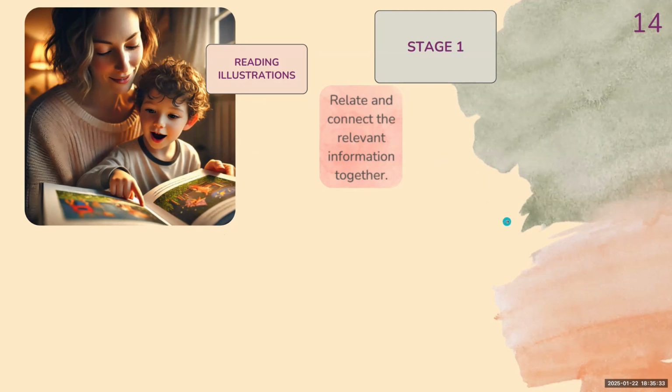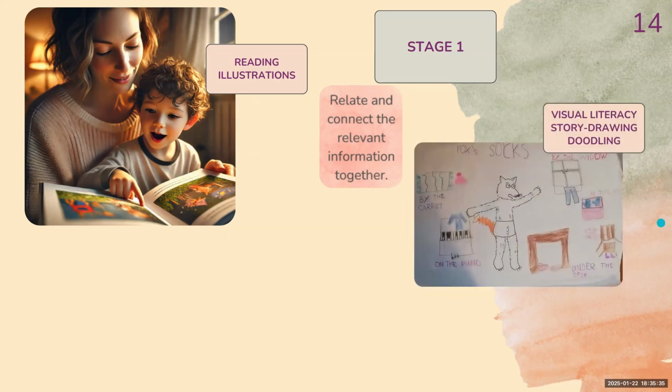Then, after we tell the story, children retell the story through doodling. Doodling is the visual tool. It is just a black and white piece of paper where, through drawing, children reinforce the story's plot.